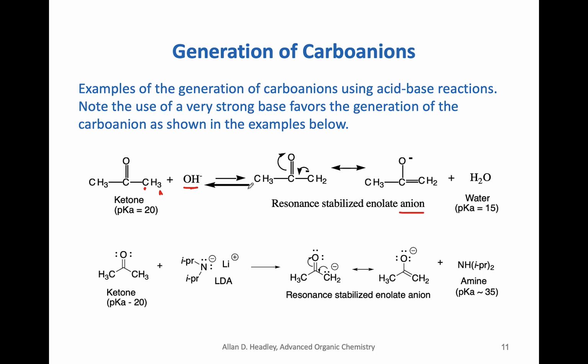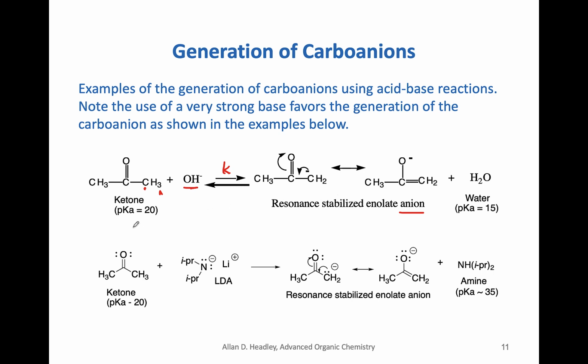But as you can see here, the equilibrium K is to the left. So in other words, you just get a small quantity of this, and the majority will exist here. Of course, as you will recall from your undergraduate organic chemistry course, you can drive the equilibrium to the right if you take off water. It's called Le Chatelier's principle. So if you evaporate water off, the equilibrium shifts to the right.